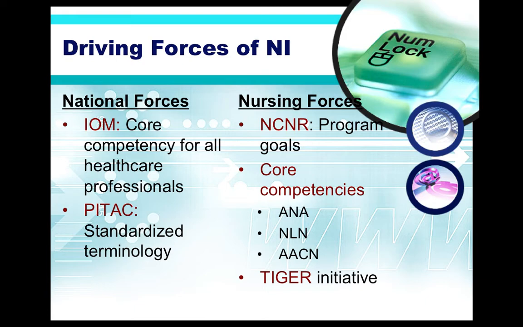These core competencies have since been adopted by many institutions of higher education, including UW-Eau Claire, mostly because of the 2008 TIGER Initiative, which is a technology informatics guiding education reform initiative that came out as a result of these recommendations from ANA, NLN, and AACN.